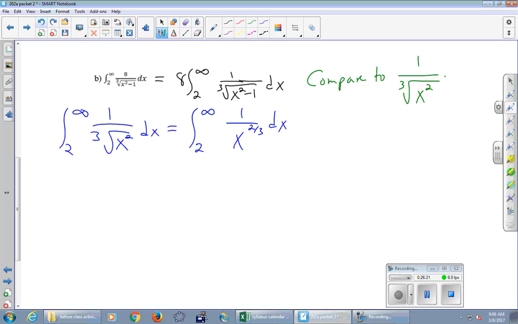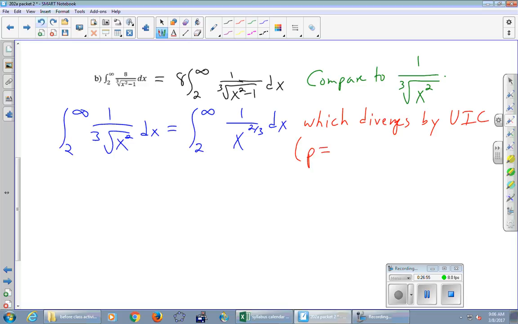And lo and behold, this is one of our useful integrals for comparison on the previous page. Is this the first, second, or third bullet? It's the first one because we're going from a number up to infinity, and it's a 1 over x to the p. Okay, this integral right here diverges by the useful integral for comparison, and we'll just put parentheses here.